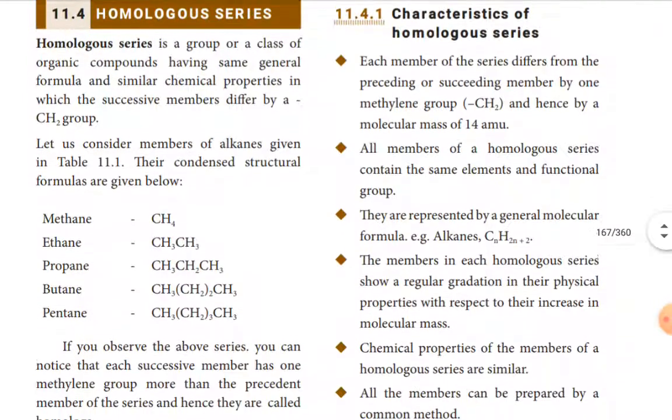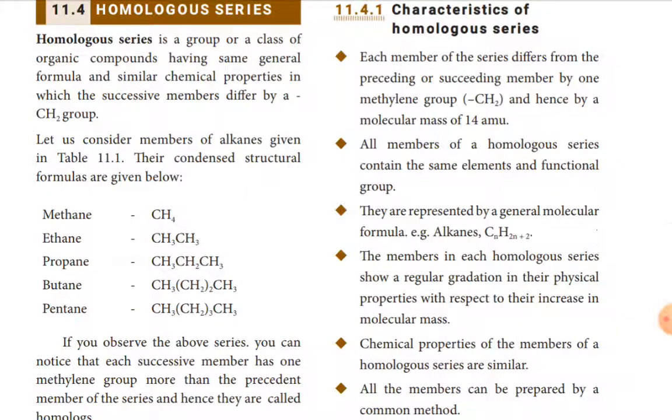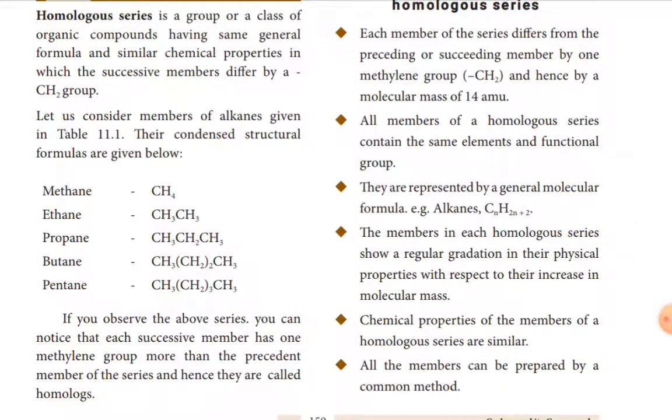Then all members of homologous series contain the same element and functional group. Same element means carbon and hydrogen, and they have the same functional group. If we take alcohol, all the compounds in the alcohol group have OH. We take aldehyde.